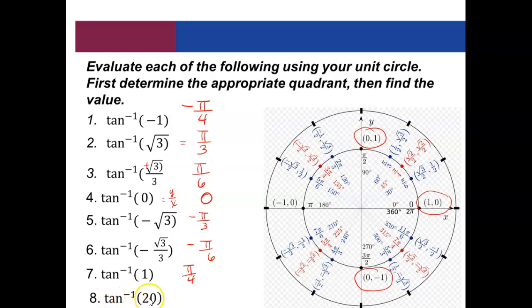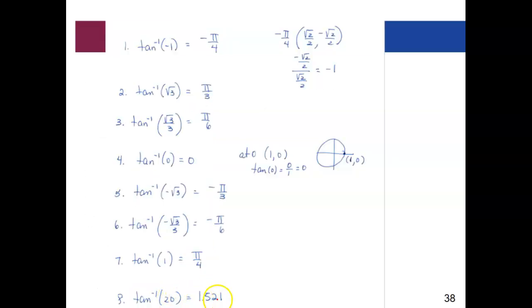If you recall, the domain of inverse tangent was all real numbers. So this is one that you would just have to do on your calculator. And for now, we want to be sure that we're set in radians. So if we do the inverse tangent of 20, you get 1.521 as your answer.